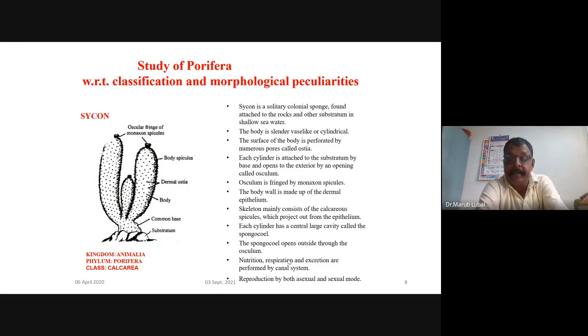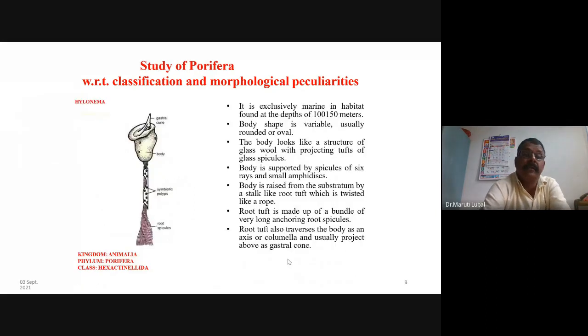Coel means cavity. The spongocoel opens outside through the osculum. Nutrition, respiration, excretion, all these functions are performed by the canal system. And reproduction of Scypha is by both methods, that is asexual as well as sexual.